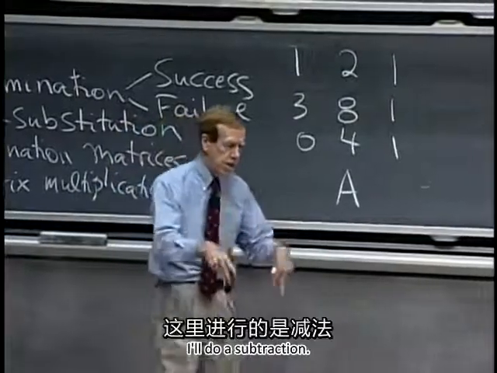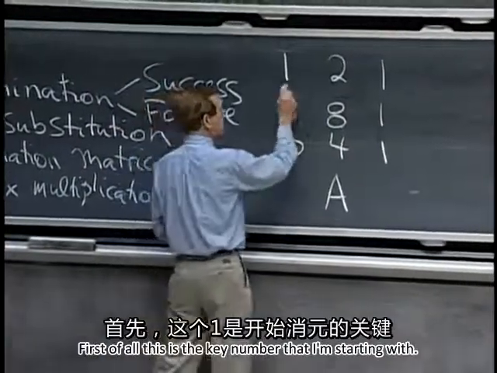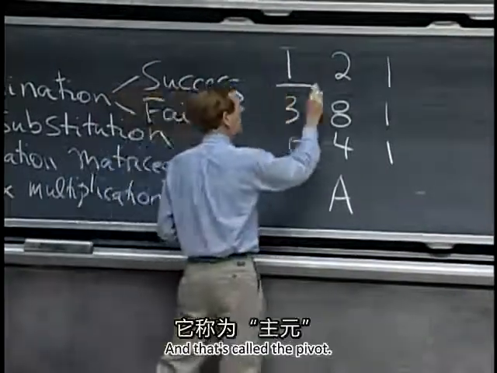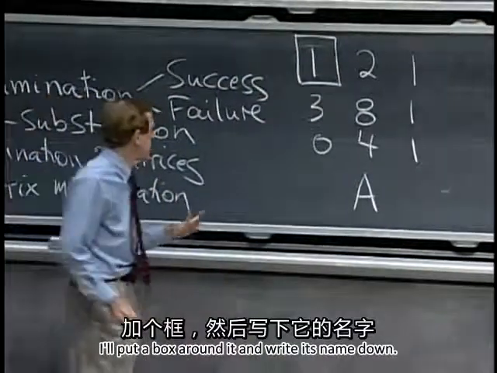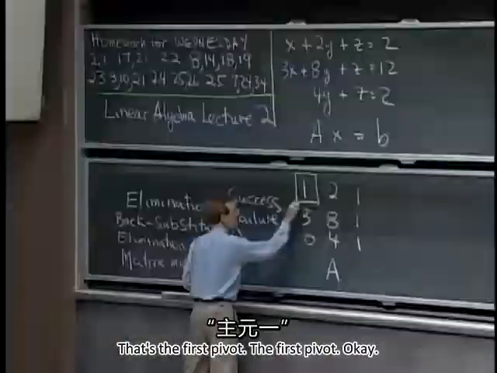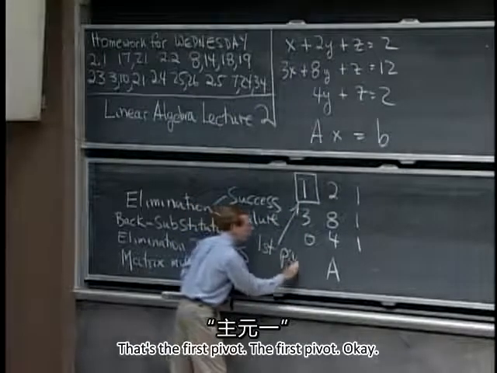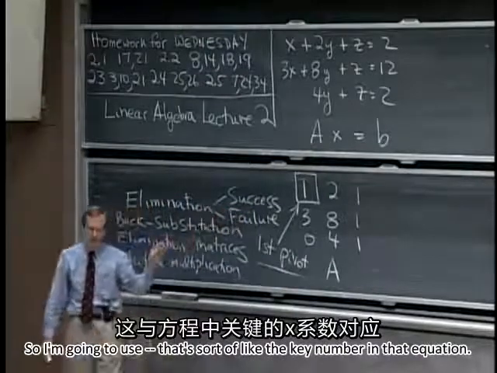I'll do a subtraction. So first of all, this is the key number that I'm starting with, and that's called the pivot. I'll put a box around it and write its name down. That's the first pivot. It's sort of like the key number in that equation.